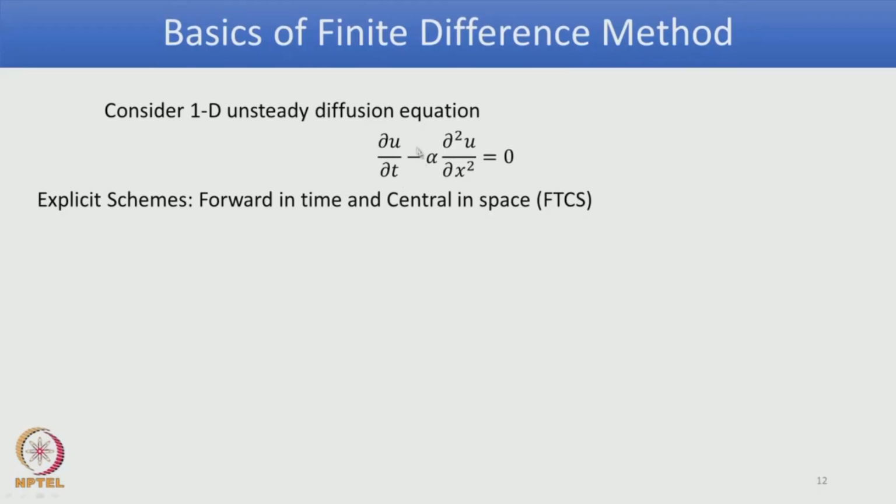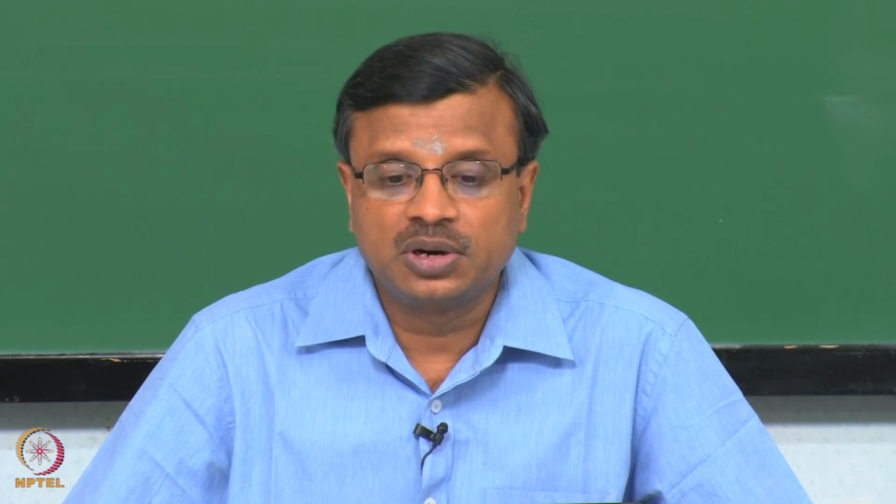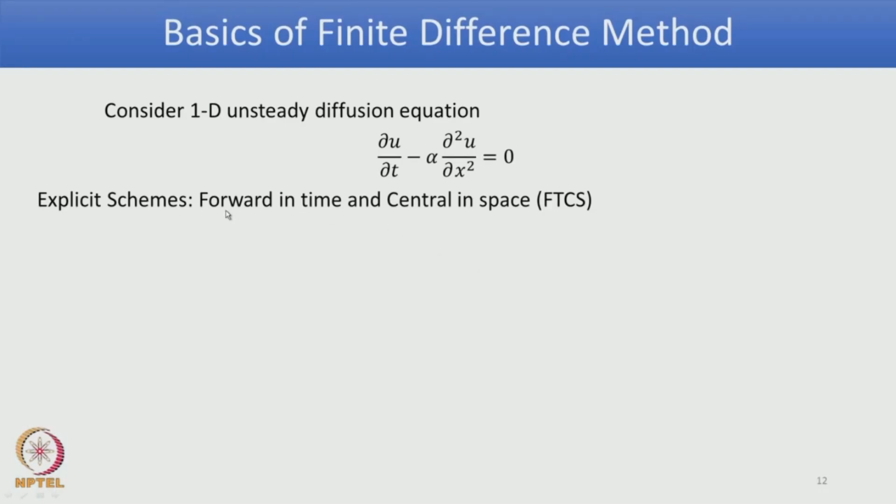In this case, first we have a time derivative component, dou u by dou t, and the second term is a second derivative, but for the spatial expression. We can apply whatever procedure we got from the Taylor series expansion for forward and backward differences to this equation also, whether it is a time derivative or a spatial derivative; it does not matter. In the sense, if you say forward in time, central in space, you write it as FTCS.